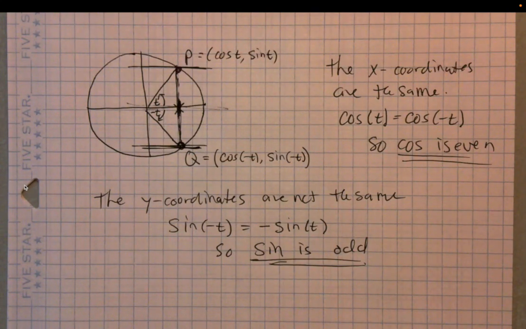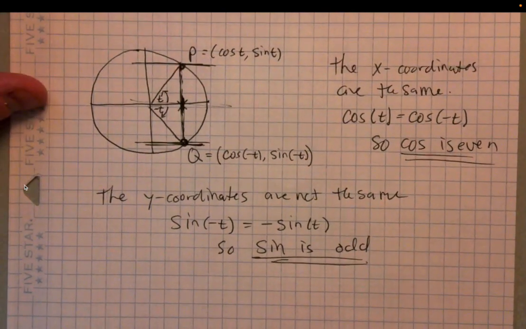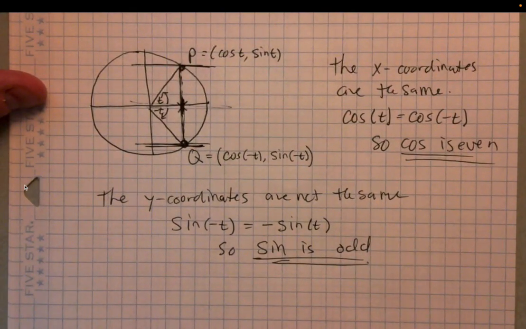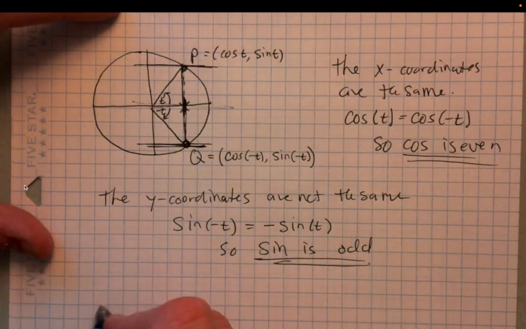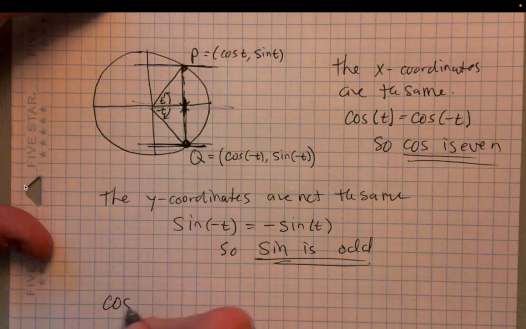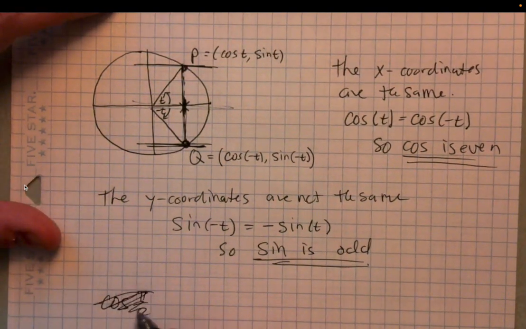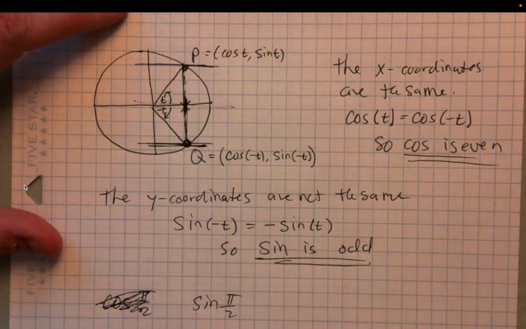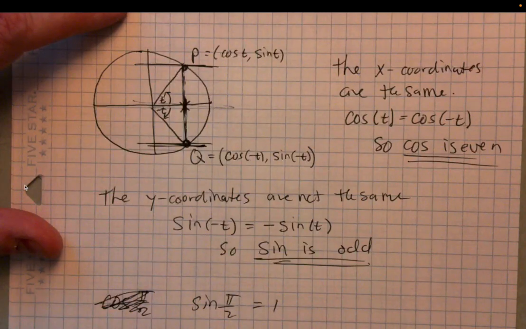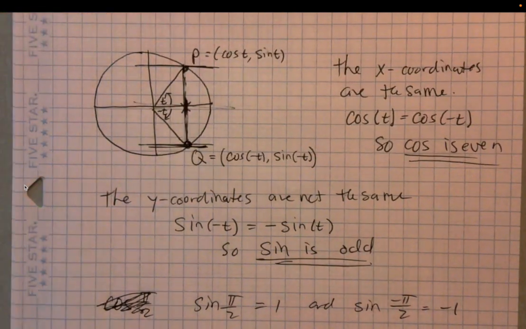Okay, and you can easily confirm this if you've done the exercise of going through and finding some of the other values. All right, let's just take pi over 2. Sine of pi over 2 would be more interesting. Sine of pi over 2 is equal to 1, and sine of negative pi over 2 is equal to negative 1.